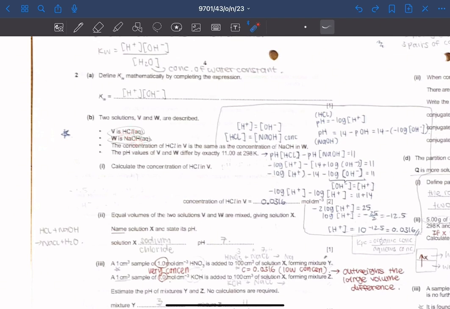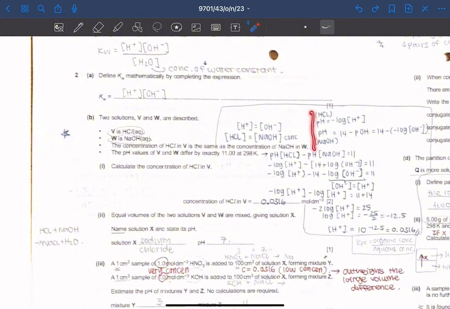The concentration of HCl in V is the same as the concentration of NaOH in W. The pH values of V and W differ by exactly 11 at 298 K. Calculate the concentration of HCl in V. So the first thing that we know is the concentration of HCl is equal to the concentration of NaOH. So H plus concentration is equal to OH minus concentration.